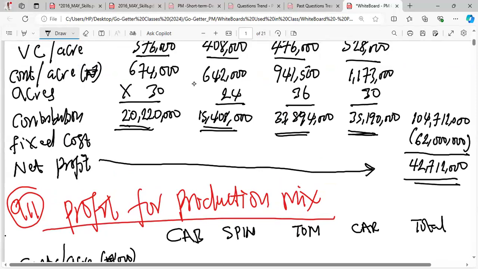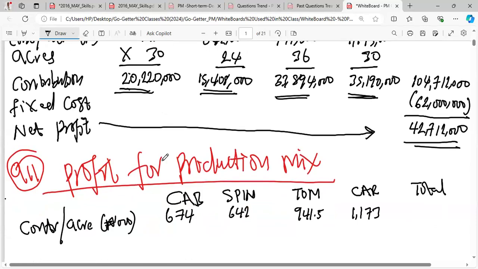This is going to be 674. This is going to be 642. This is going to be 941.5. And this is going to be 1173. I've already put 3 decimal and 3 naira sign and 3 zeros. So contribution per acre is like contribution per unit.